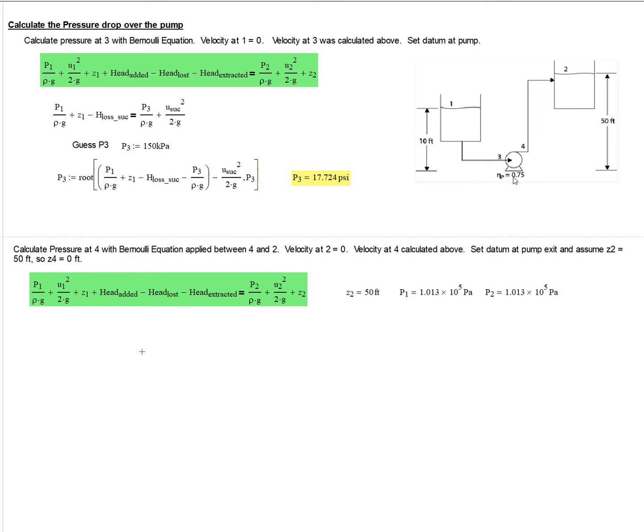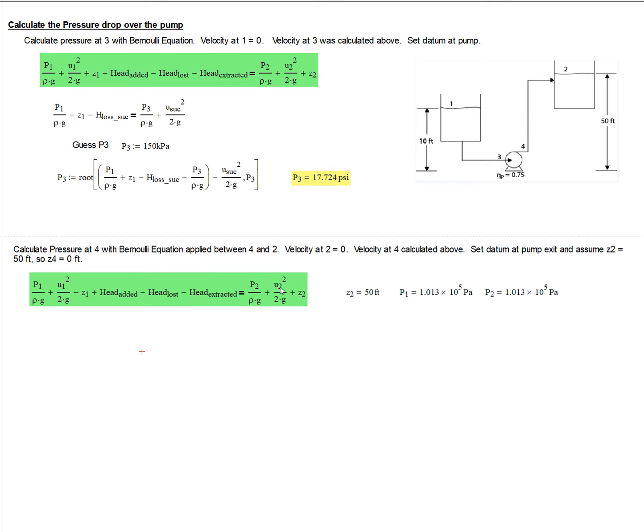We're going to set the datum to the pump because we don't like to deal with negative values in our Bernoulli equation. So always set your datum at the lowest value. We have no head added because our pump is not included in this little subsystem. The head loss for the discharge line was calculated above. Of course, no head extracted.